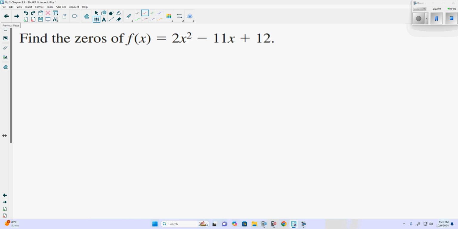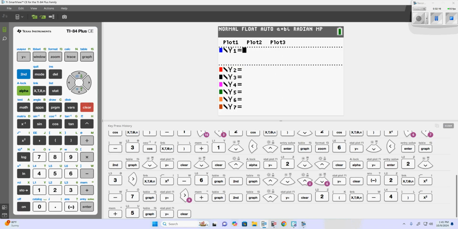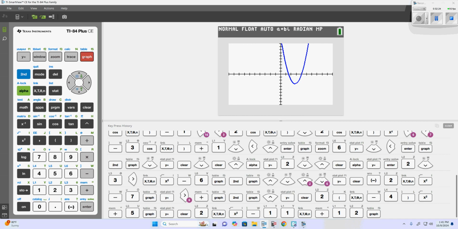Now, does it specifically tell us how we need to solve this here? No, so I can use any method. So if I wanted to, I can take the graphing calculator and say 2x squared minus 11x plus 12 and tell it to graph.